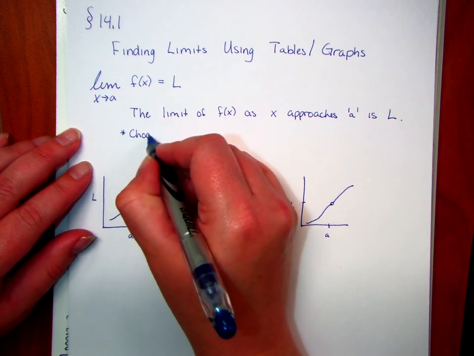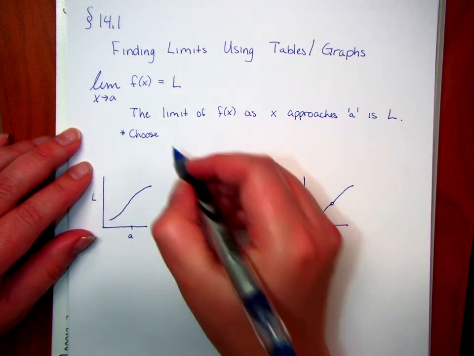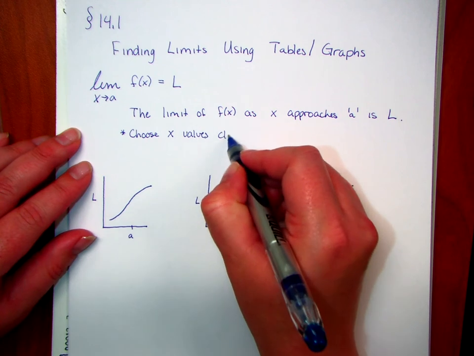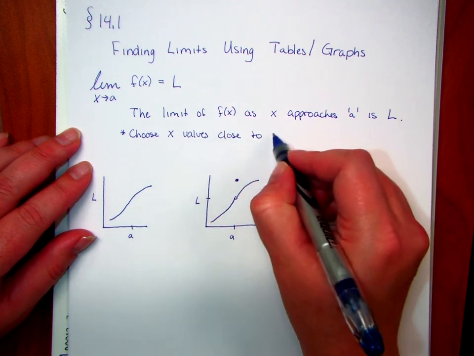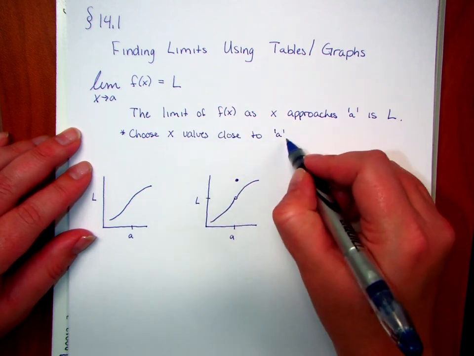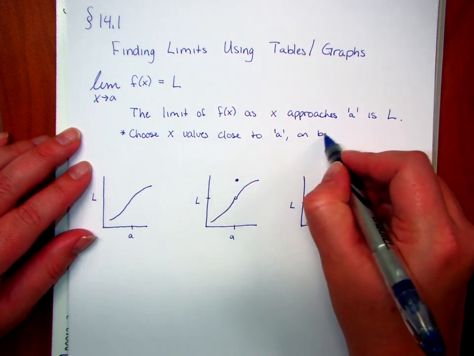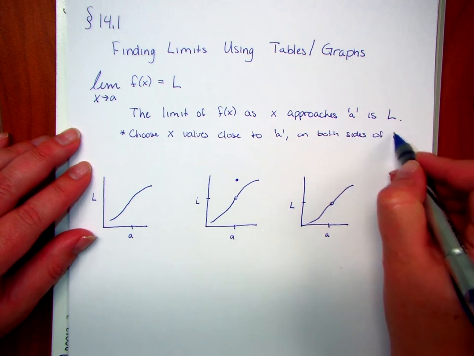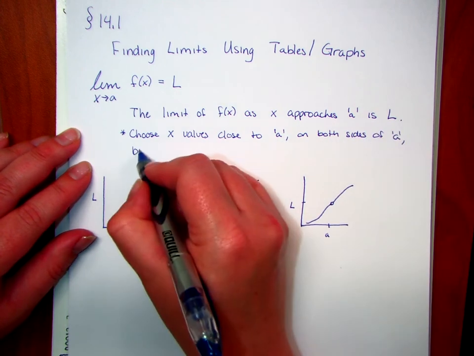So we're going to choose x values close to a, on both sides of a, but not a itself.